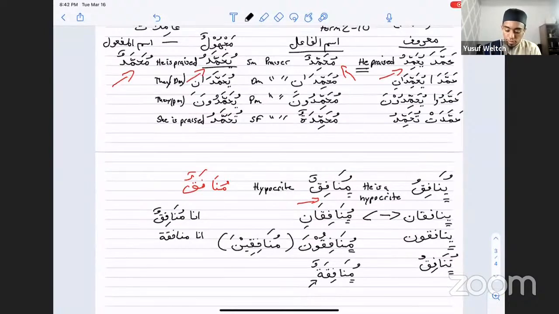You can also say أنت منافق. You shouldn't do that, don't say things like that, because it's singular masculine. So it's not about first person, third person, or second person. It's more about the gender and the plurality.